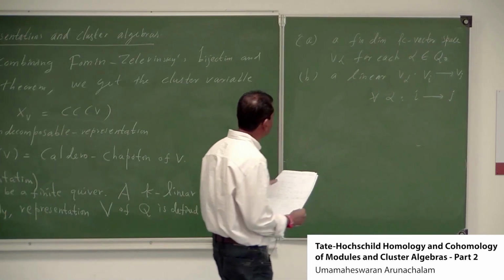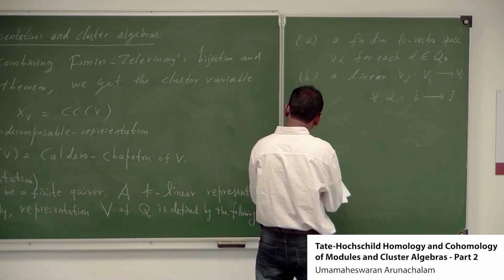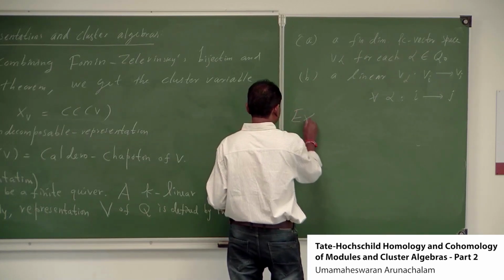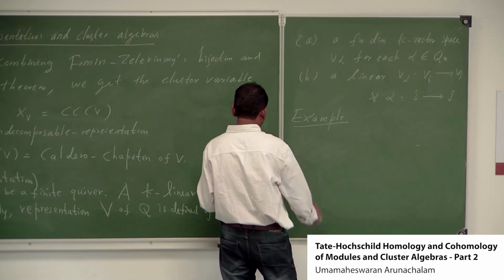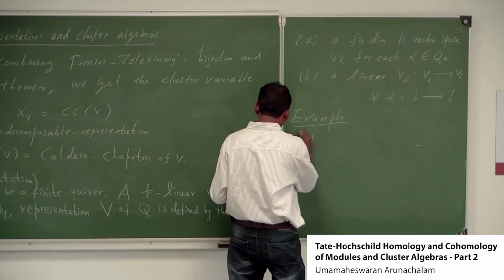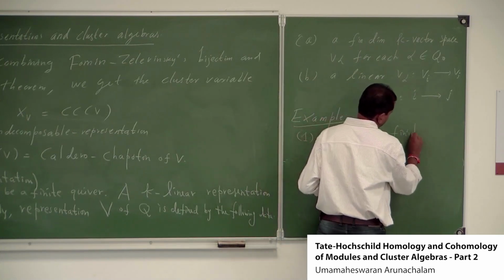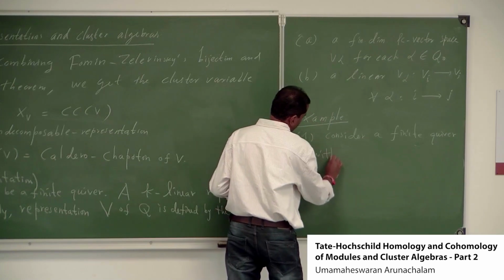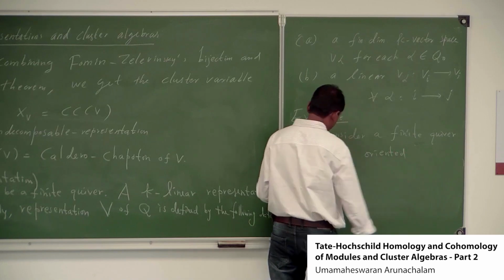So your V consists of the sequence of the Vi and the V alpha. Example, first one: consider a finite QR without oriented cycles.